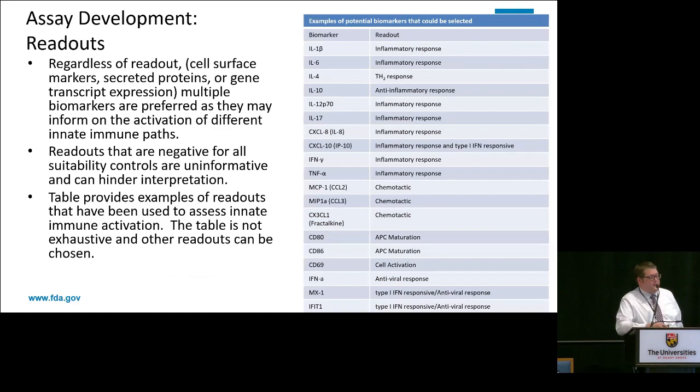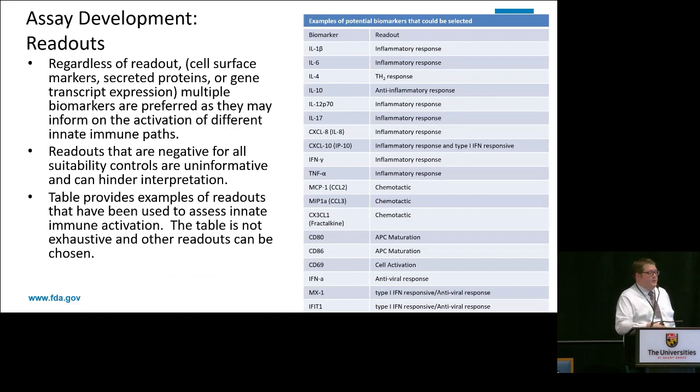So here is just an example of some of the readouts that are commonly seen, and many of these showed up in the previous talks. Here's highlighting the different cytokines or chemokines and how they fit into, whether it's an inflammatory response or anti-inflammatory response.